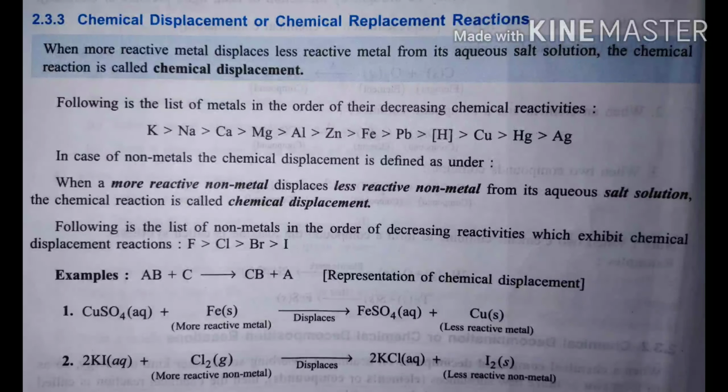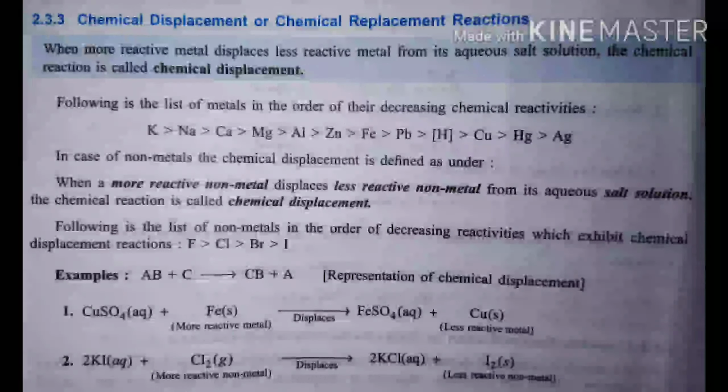If you see the reactivity series, you will find that iron is more reactive than copper, and therefore iron displaces the copper from its compound and forms iron sulfate, and copper is a remainder.